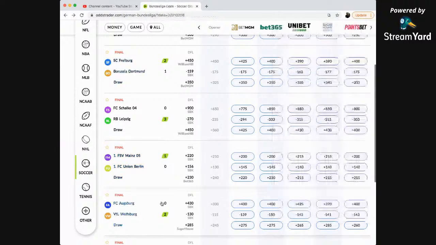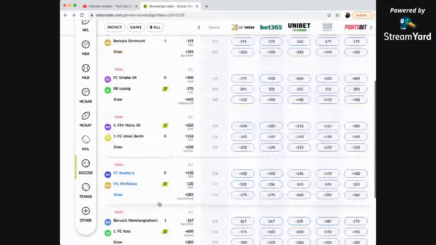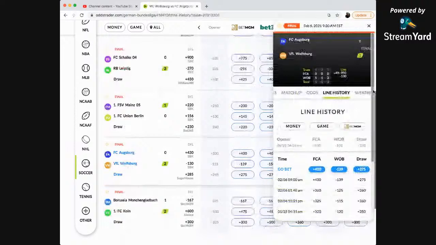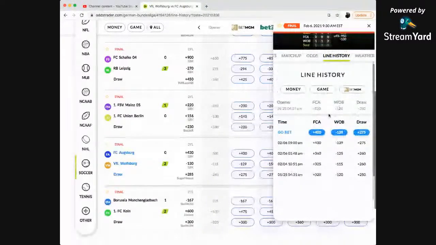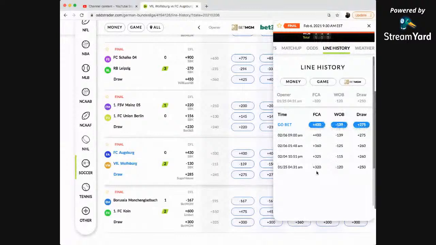All right, so let's go to, I believe this was a win because I do remember, I think I had a client winning this one as well. Okay, line movement, home team 320 to 400. We can eliminate that based on line movement. This moves from 120 up to 139, so we keep this line. So we have sharp money coming in here at 120, making the line move to minus 139.